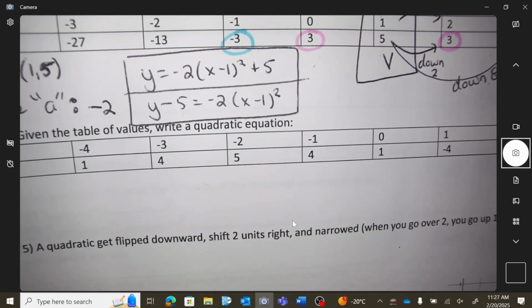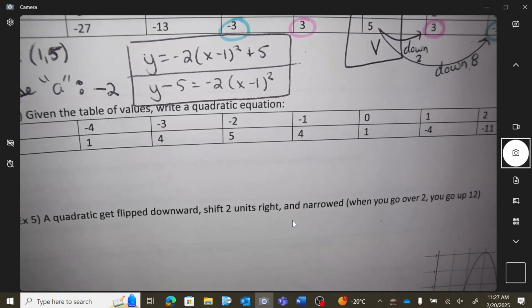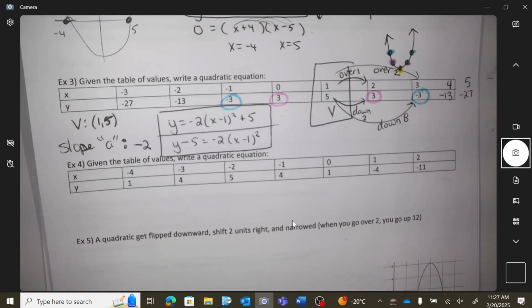Okay, should I let you try this one on your own? Number 4, it's the exact same question. Can you figure out where the symmetry partners are, and then that will dial in on where your vertex would be? So they'll have a bunch of symmetry partners except for one.